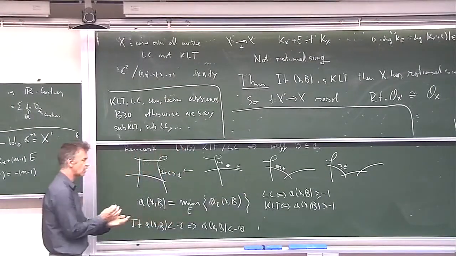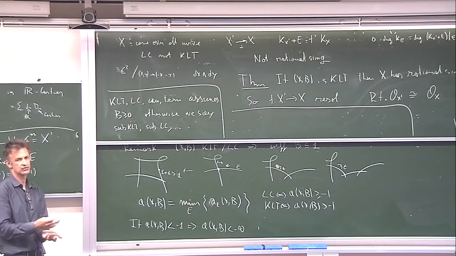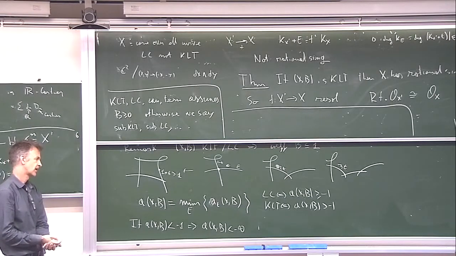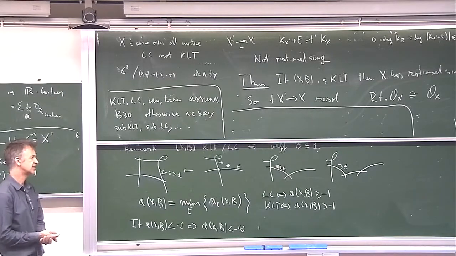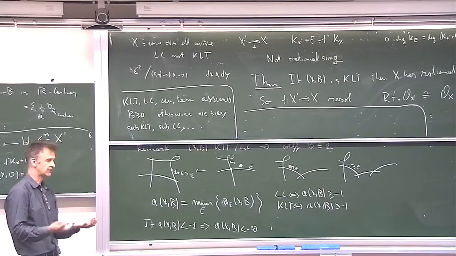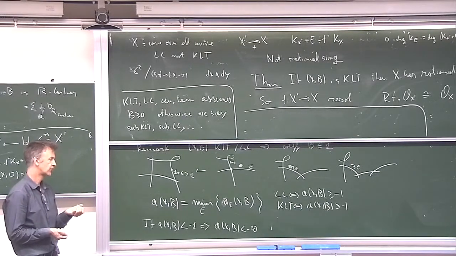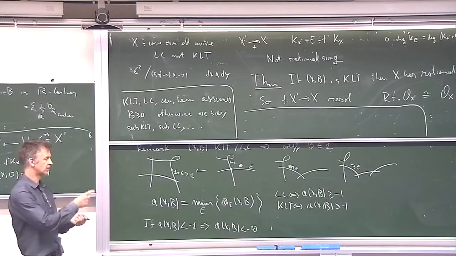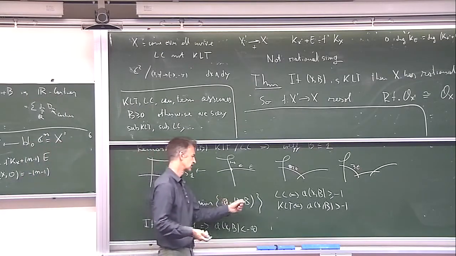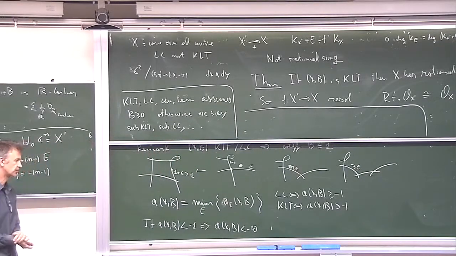So log canonical is really the threshold where you can sort of control these numbers. And in fact, you can rephrase this in terms of certain integrals not diverging. And so the log canonical threshold is the threshold for which the form corresponding to sort of the volume form of X with poles along B is integrable, is locally integrable.